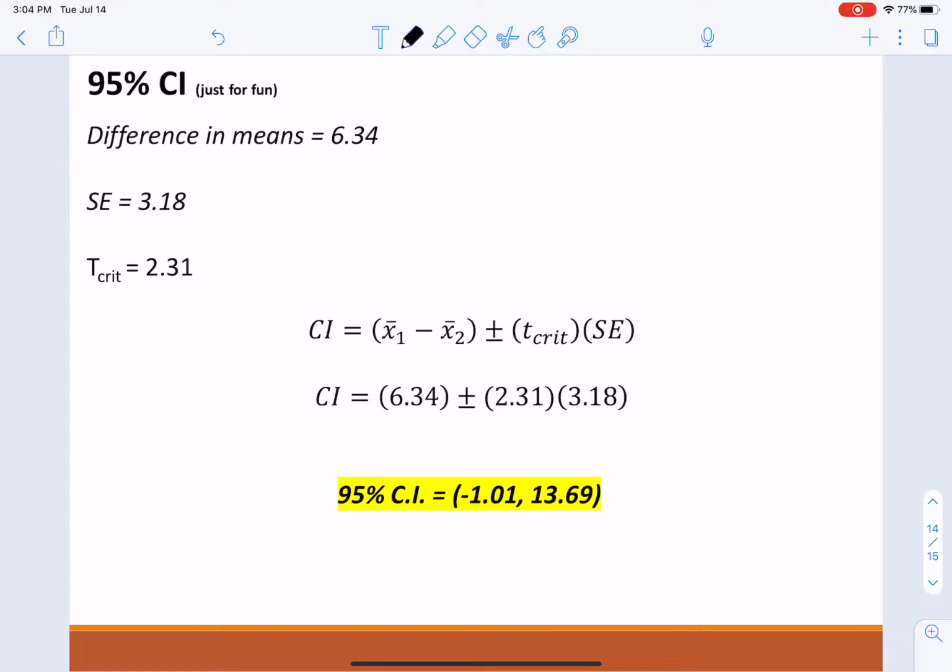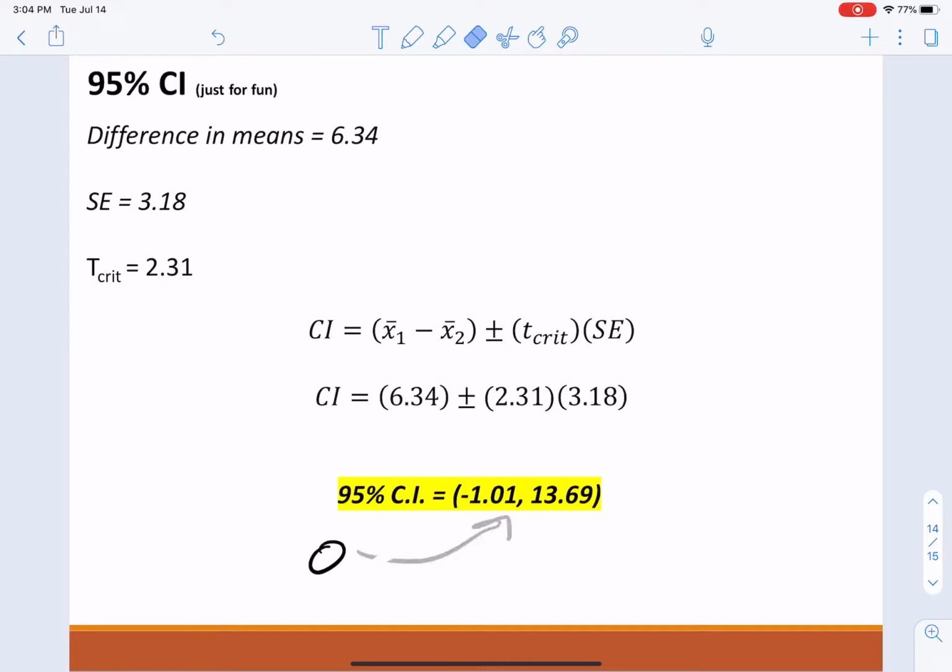Well, we see that 0 is contained within this confidence interval. So if we were to go out and do this all over again, there's a chance that the difference we would get would be 0. Straight up no difference. It might be that.